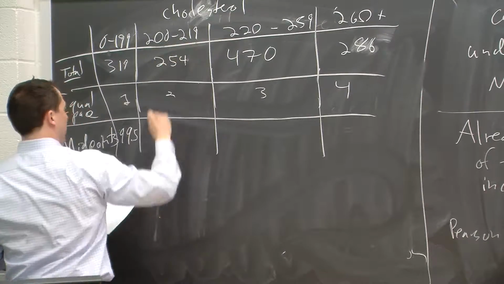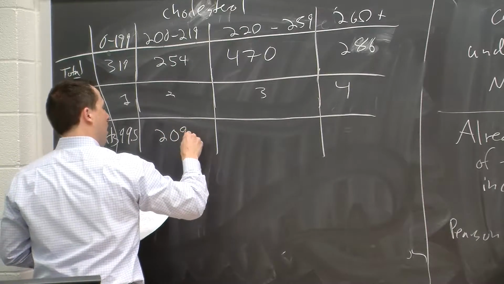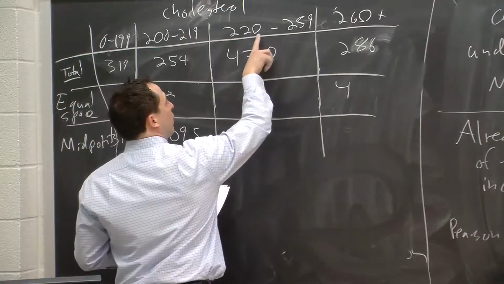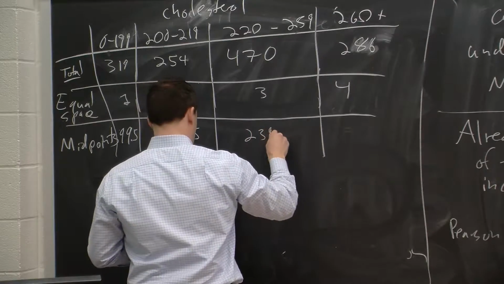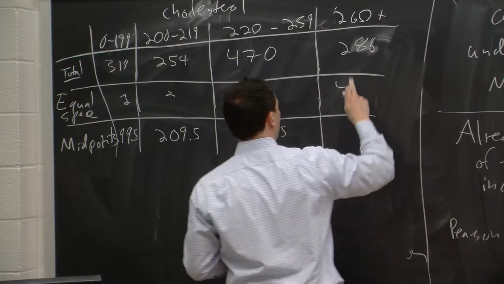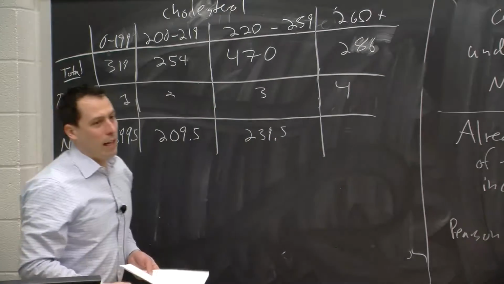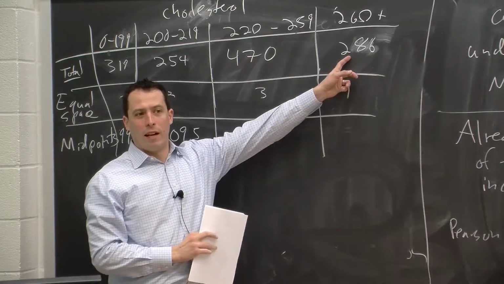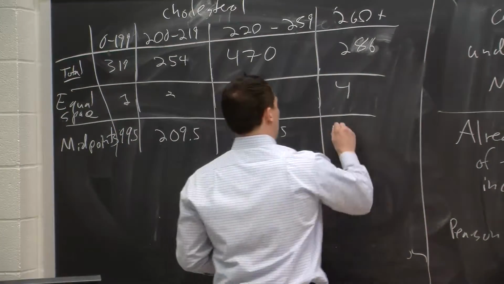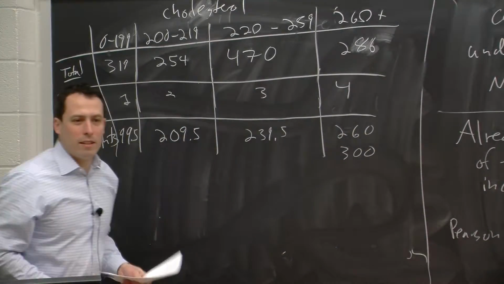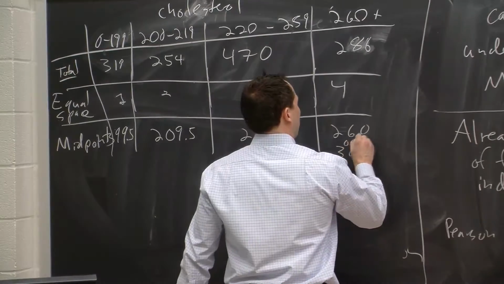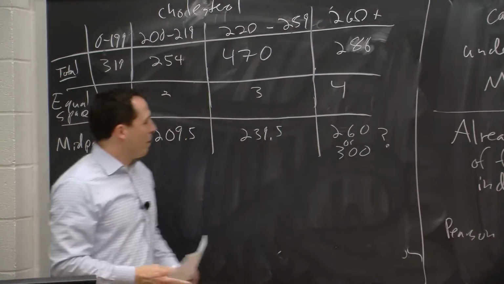Halfway between 200 and 219 is 209.5. Halfway between 220 and 259 is 239.5. And up here, well, I don't know, right? Because I don't really know how high it went. So either I would say maybe 260, or I would just pick some number based on my knowledge of the data, right? But here we don't really know. Okay, so maybe it's not the best choice here.